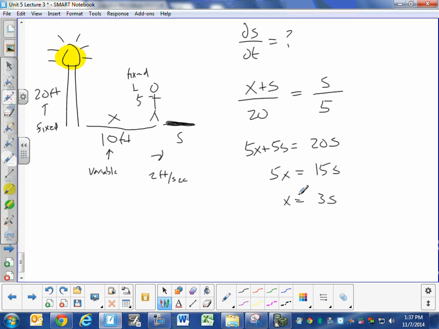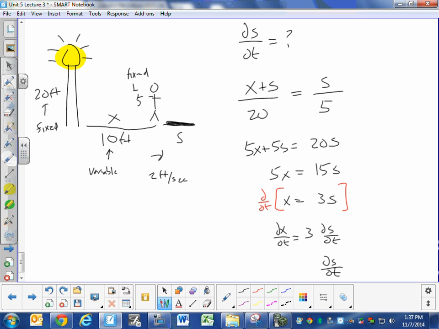Well, I'm ready to now take the derivative with respect to t of this, and let's see what we got. We got dx/dt is equal to 3 ds/dt. So this whole 10-foot thing actually didn't even matter, because it turns out the way my shadow will be changing will just be the way that I'm moving divided by 3, and that'll be it.